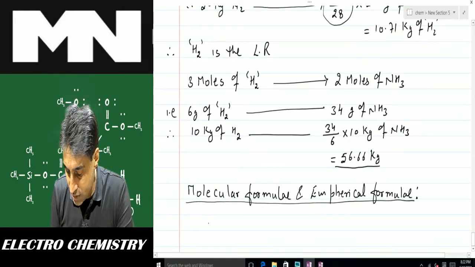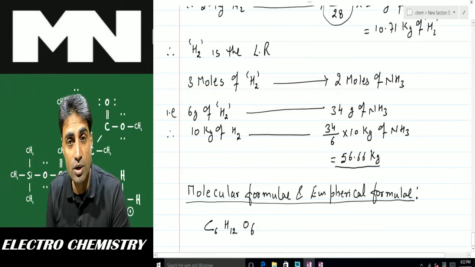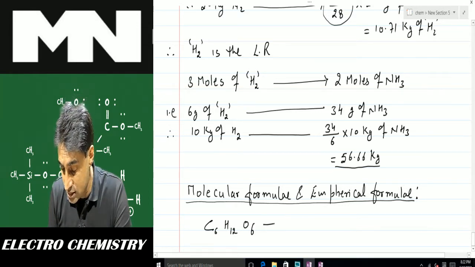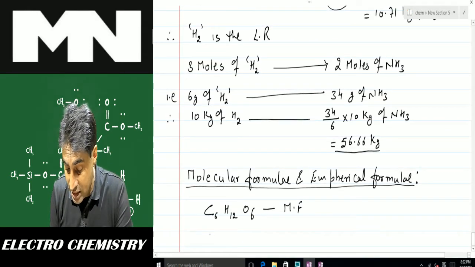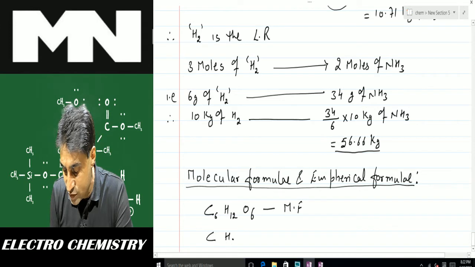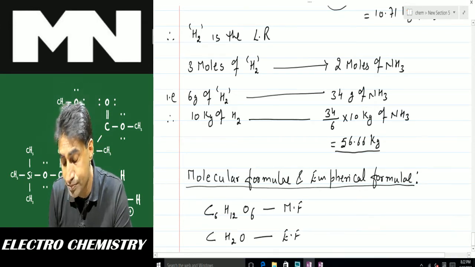Suppose I got a compound like C6H12O6. This is the molecular formula of glucose. But if I write the ratio of different elements, then it becomes CH2O. This is the empirical formula.